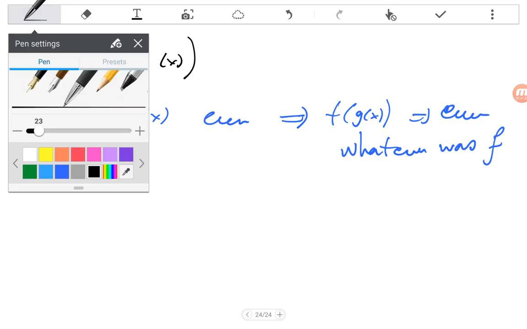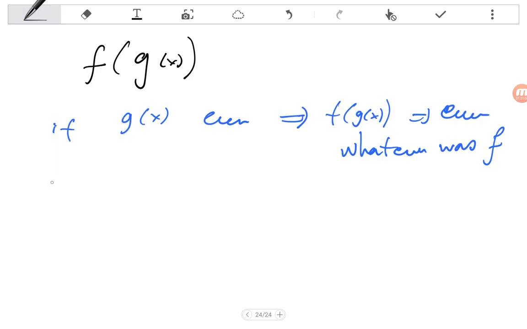For example, if I had root of x power 4 plus x squared, this is a function inside another function.